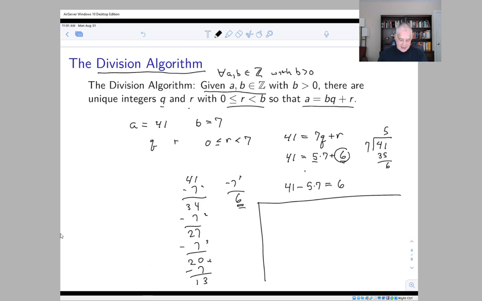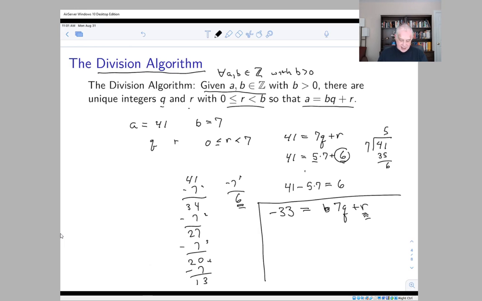What if we take negative 33 and we divide it by 7? So negative 33 is supposed to be something times 7 plus a remainder. But the remainder is supposed to be positive. So in this situation, instead of subtracting 7, we're going to add 7.